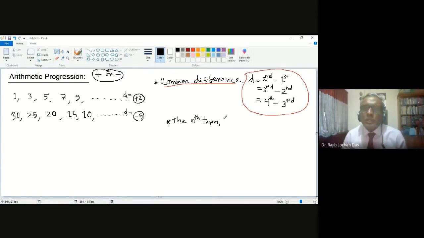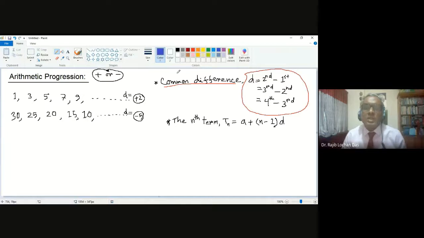So you write term n like this, and the formula is a plus n minus 1 into d. So what is d here? D is the common difference.